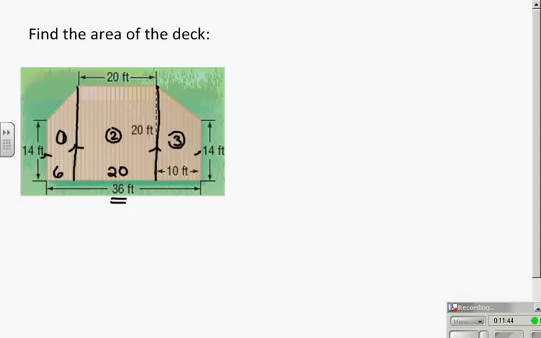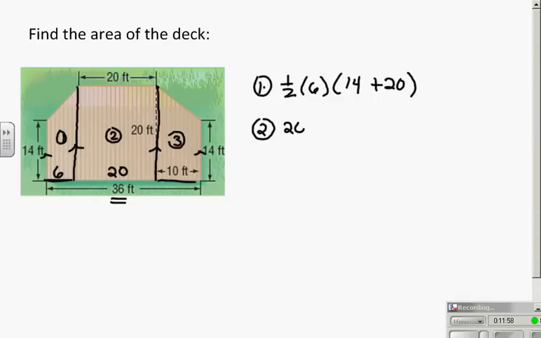Now the key with these end pieces is to remember the bases are the parallel sides and the height connects them. So area 1 is going to be 1/2 of 6 times 14 plus 20. And area 2 is a rectangle, which is just going to be 20 times 20.